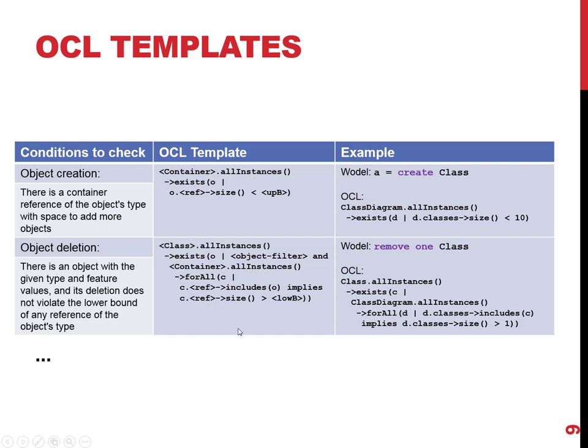The derived OCL constraint for the mutation operator remove one class checks that at least one object of the type class belongs to the class diagram, and that this class diagram object contains other elements apart from the class to be removed. That means the size of the reference classDiagram.classes is greater than 1, that is its lower bound. When we delete this class object from this containing reference, its cardinality would still be satisfied.